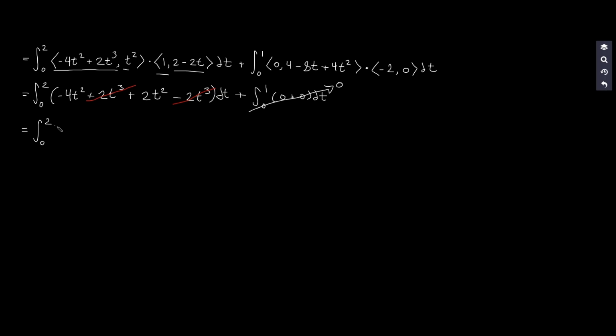The definite integral from 0 to 2 of negative 4 times t squared plus 2t squared, integration with respect to t, equals the definite integral from 0 to 2 of negative 2t squared, I think, integration with respect to t.